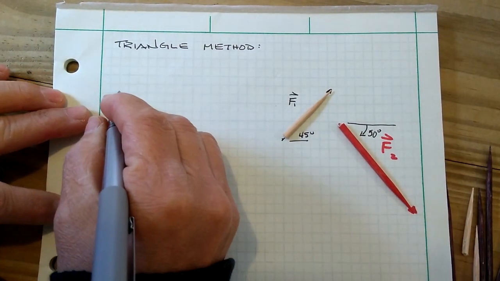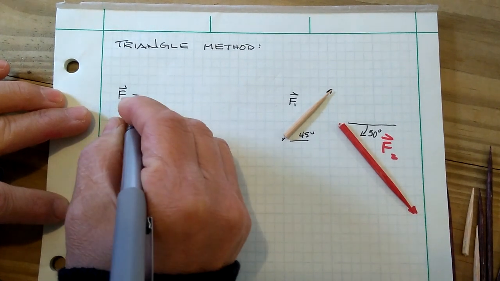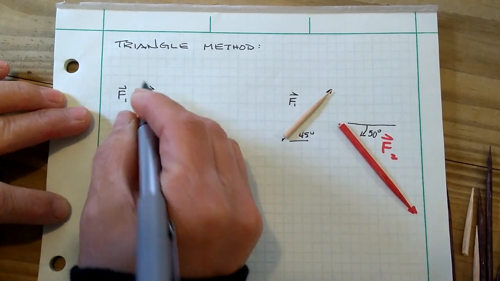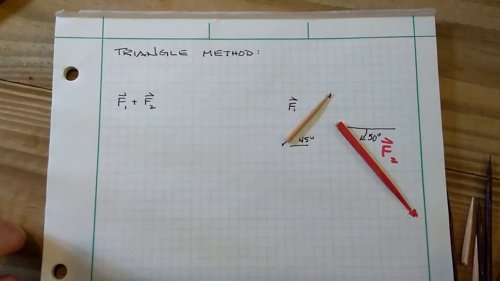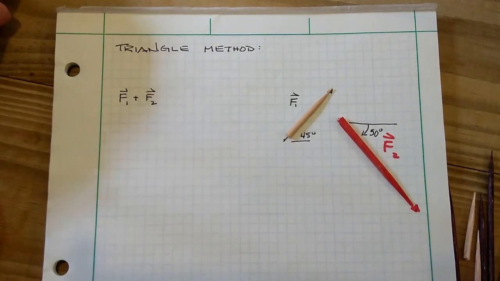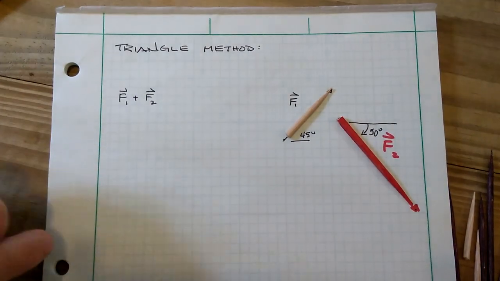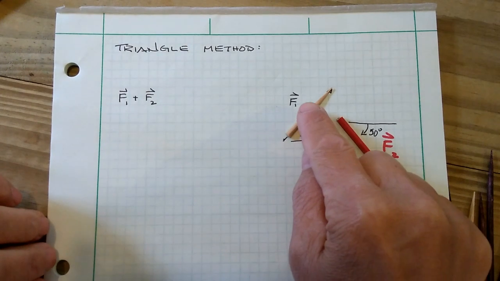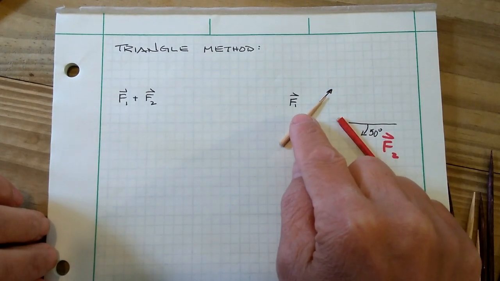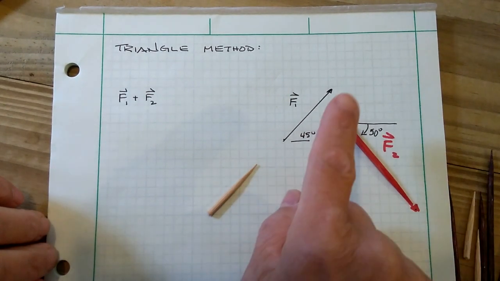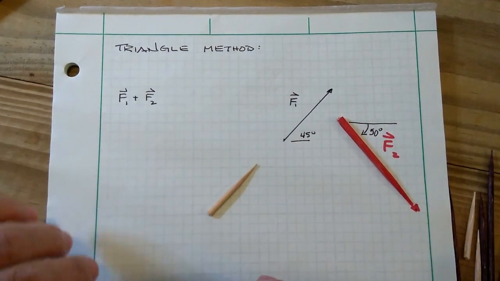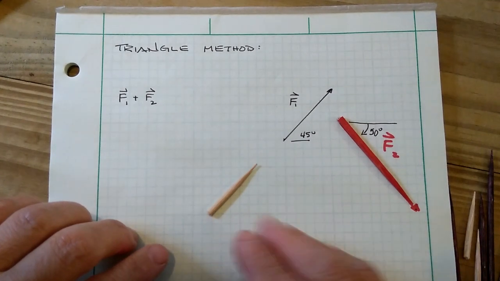So if I had wanted to add force vector 1 to force vector 2, the method that we do, let's add force 1 and force 2 together. In order to do that, what I can do is translate this force vector. As long as I keep it in that direction of 45 degrees, it's a valid translation.